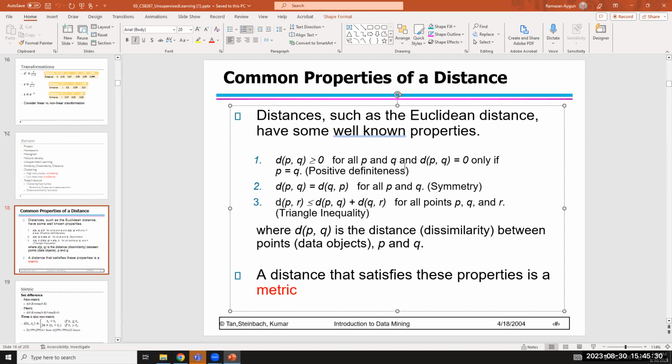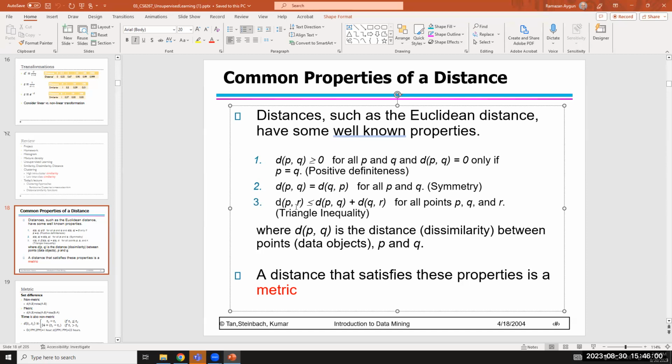This is positive definiteness. Otherwise, the distance is greater than 0. In general, it is greater than or equal to 0 for all of them, and it is only 0 when they are the same. The other one is symmetry. The distance from P to Q is the same as the distance from Q to P. That's symmetry.